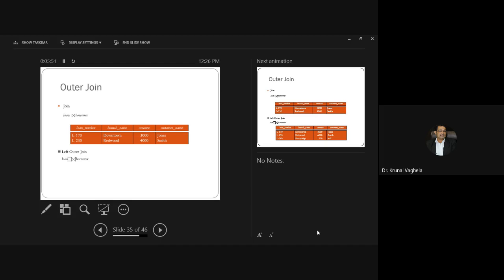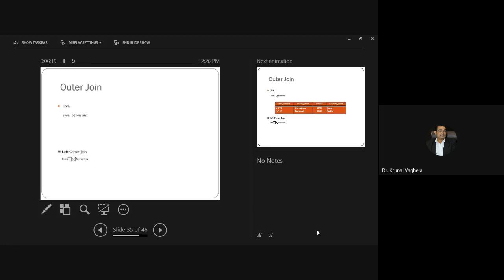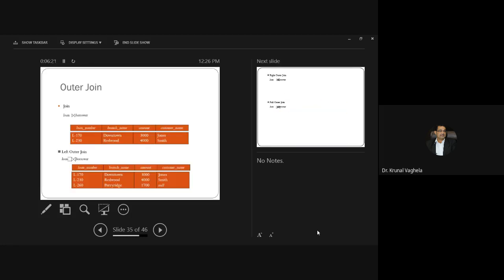But if I perform left outer join, then whatever the left relation is, its information will be there. Which table is on the left-hand side? Loan. So I'll get the information of loan. But then you will ask, sir, left side is loan, but what about the customer name and loan number? Because these are not matching, these will be null. Customer name will be null.